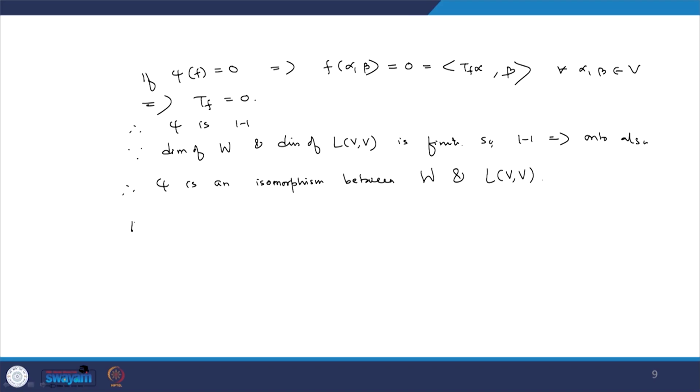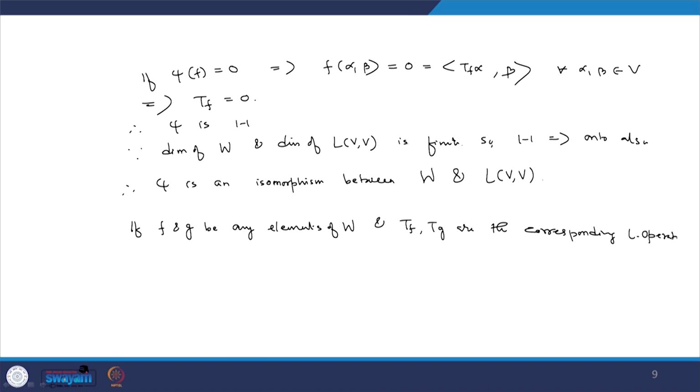In fact, due to this isomorphism between W and L(V,V), we can also say one nice result. It is like this: if f and g are any two elements of W, and T_f, T_g are the corresponding linear operators, then one can introduce an inner product on this space W, where inner product of f and g equals trace of T_f T_g star.